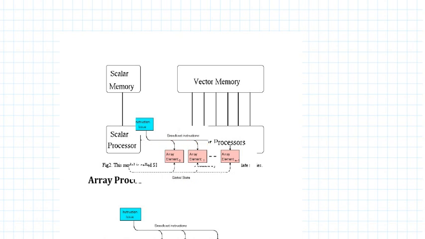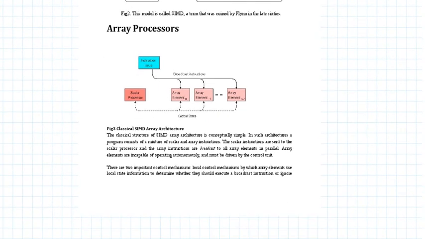If the instructions are array type or can take advantage of ILP, then they will be executed in this array segment, and if they are standalone instructions like scalar instructions, they will be routed to the scalar processor to be executed. Now have a look at the statement.